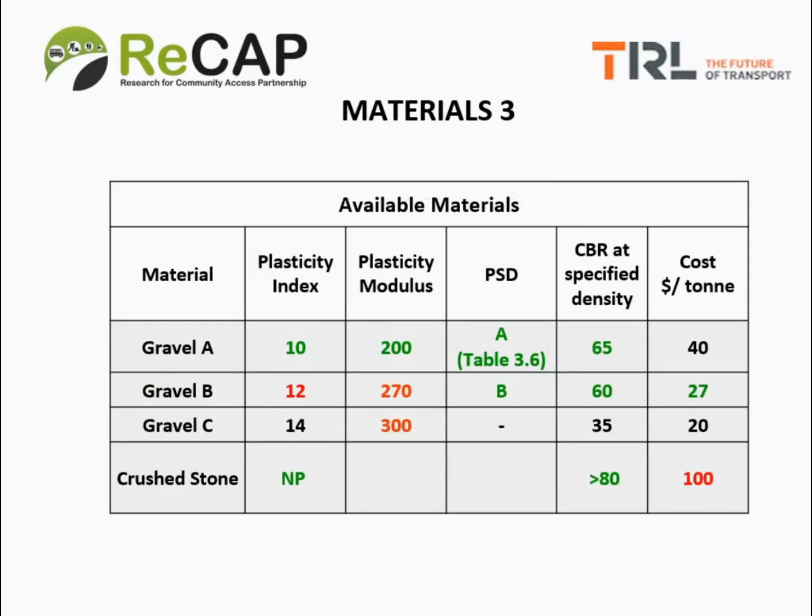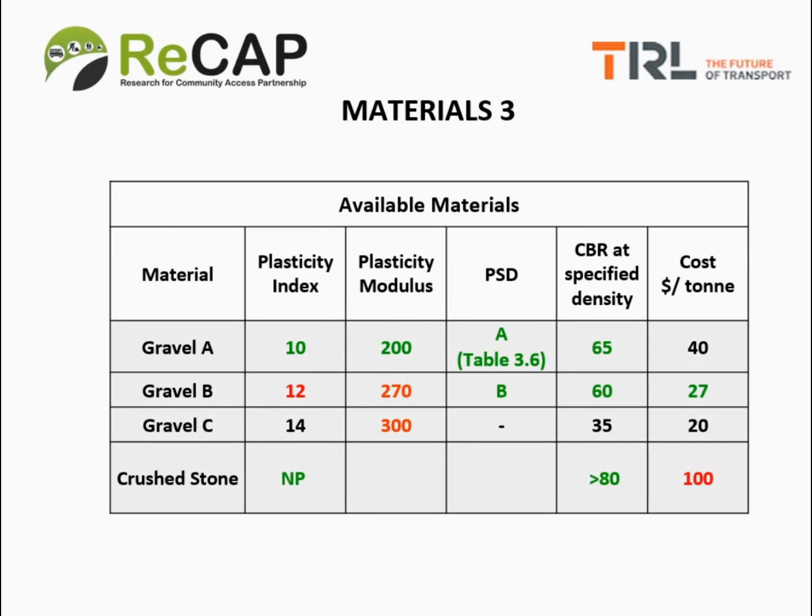If we look at the available materials, in this particular example, we've got gravel A, which has a plasticity index of 10, a plasticity modulus of 200, and a particle size distribution that meets grading A from table 3.6, and that is shown to have a CBR at the specified density of 65 and to cost $40 per tonne. And that's labelled in green here because that basically meets the specifications.